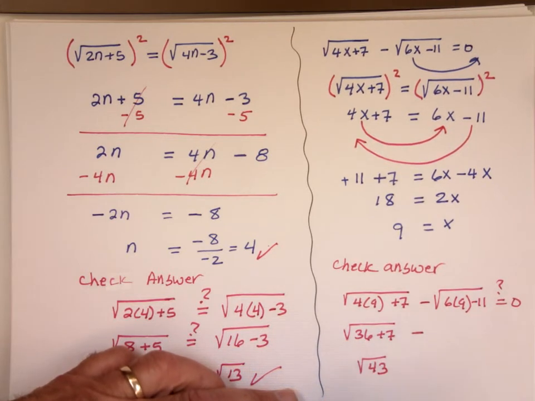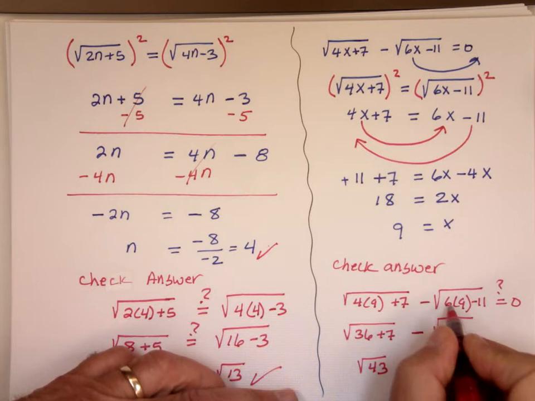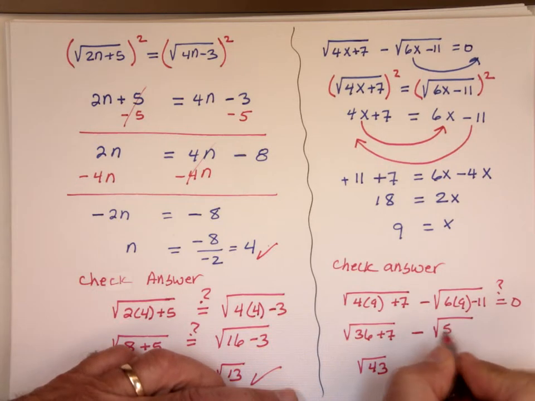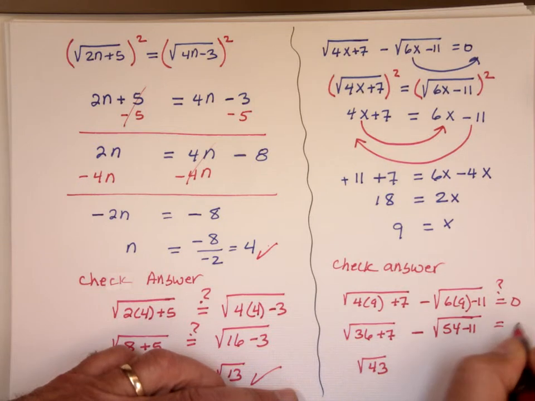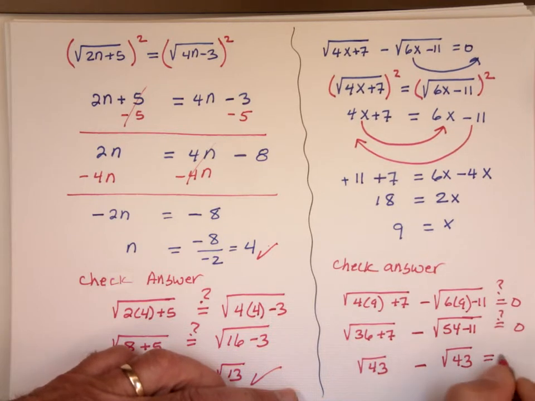Minus 6 times 9, 54 minus the 11, that would be 43. Is that equal to 0? Yes, it is.